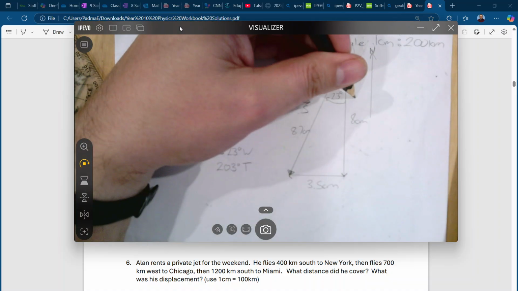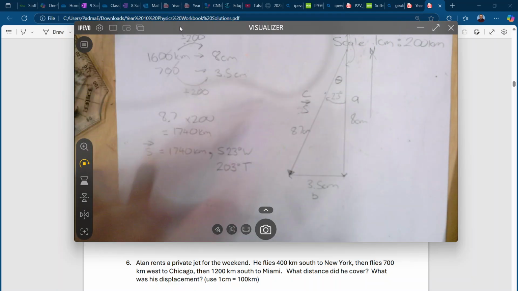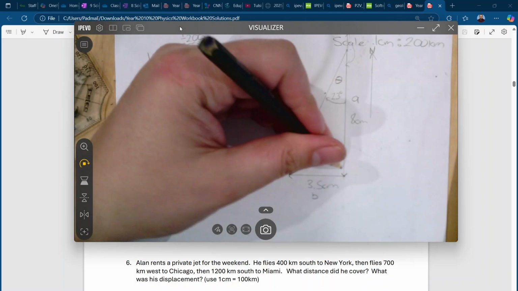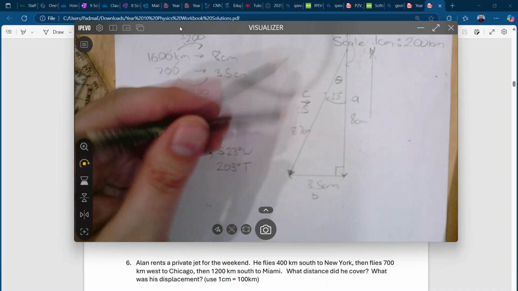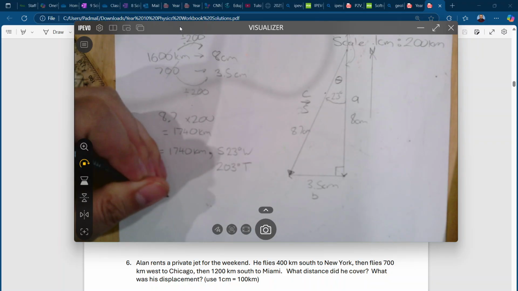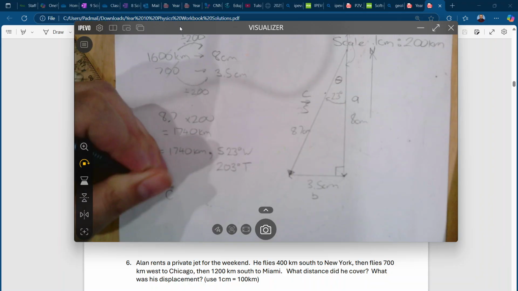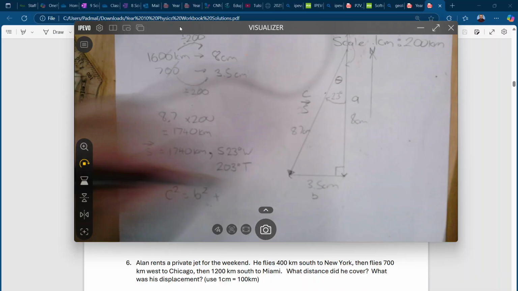So remember, if your triangles could be labeled A, B, C, where C is the hypotenuse, the longest line, because that's your right angle and the relationship between the sides of angles and the opposite lengths. All right, so the way to get displacement is C squared is equal to B squared plus A squared.